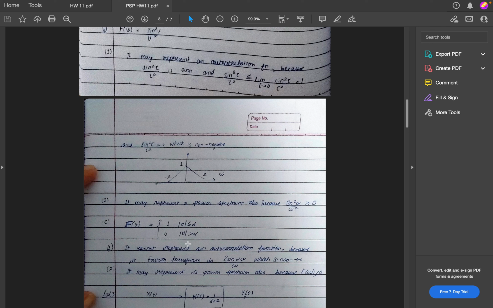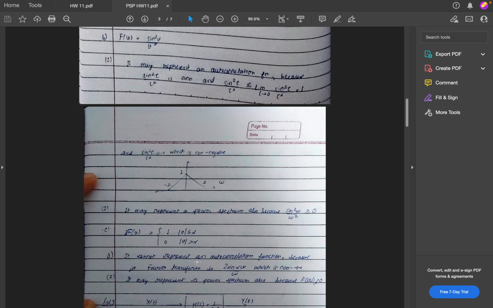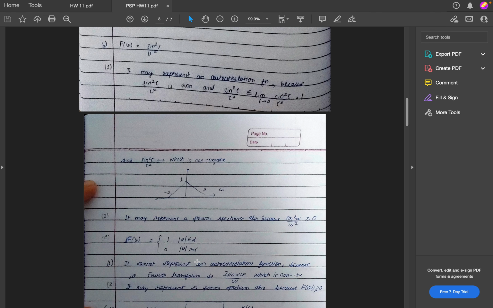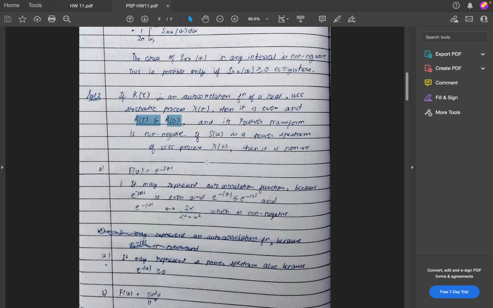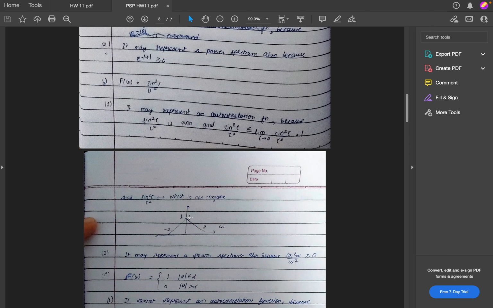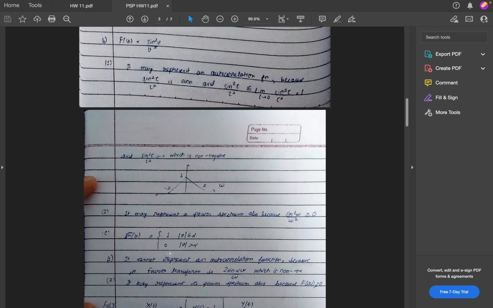Now if we take the Fourier transform of this, it is 2 sine alpha omega by omega, and as we know, sine of alpha omega can be negative, so this term can be negative, and therefore this does not satisfy the autocorrelation criteria, so it cannot represent an autocorrelation function.